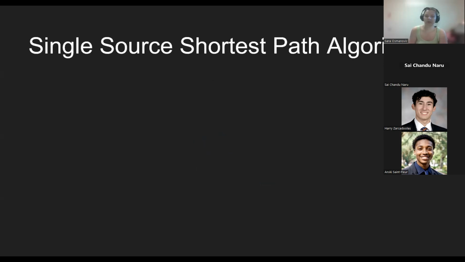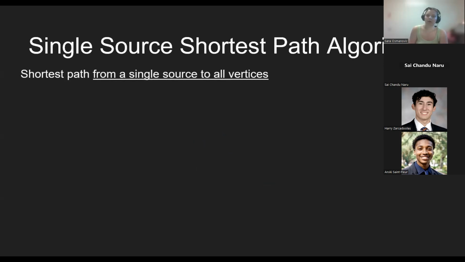So shortest path algorithms can have either the single source or, well, you will mostly be focusing on single source shortest path algorithms, although it can be different and you can have various implementations.